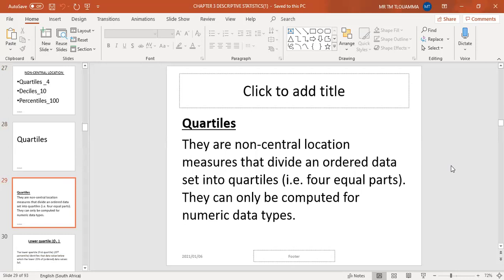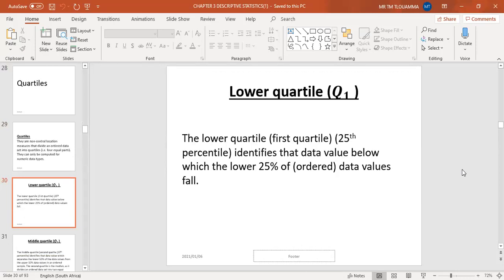These are the non-central location measures that divide an ordered set into 4 equal parts. Okay, that's why they're represented by 4. So in the quartiles, we're having the lower quartile, which is represented by Q1. And the Q1 is the lower quartile in your data set.